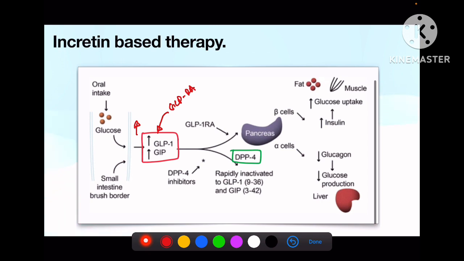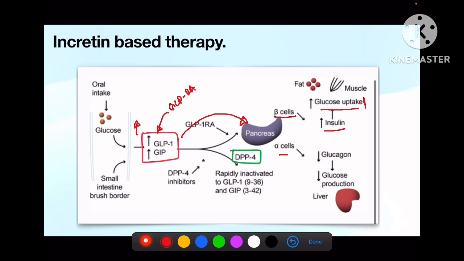It has an impact on your pancreas, and it will stimulate the beta cells and the alpha cells. Then the beta cells will release more insulin, then the glucose uptake will be high, then you can control the blood sugar level.